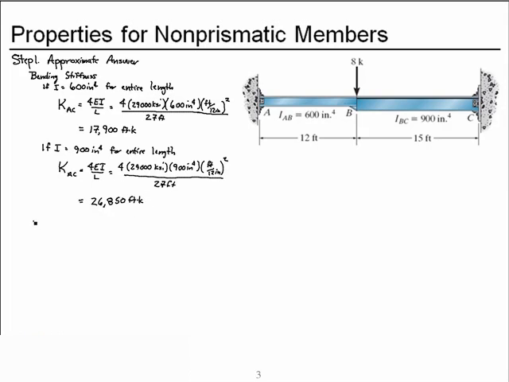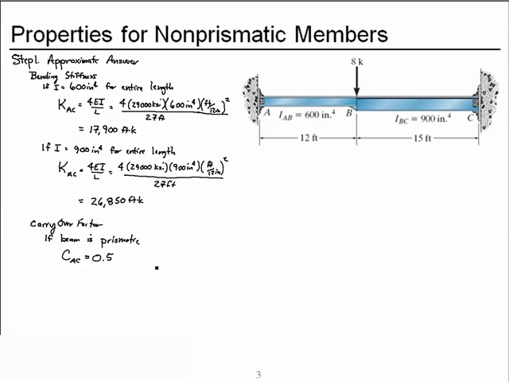Now how about the carryover factor? Well, if the beam was prismatic, then the carryover factor from A to C, that is, when I release moment into end A, how much of that moment carries over to end C, is a half.